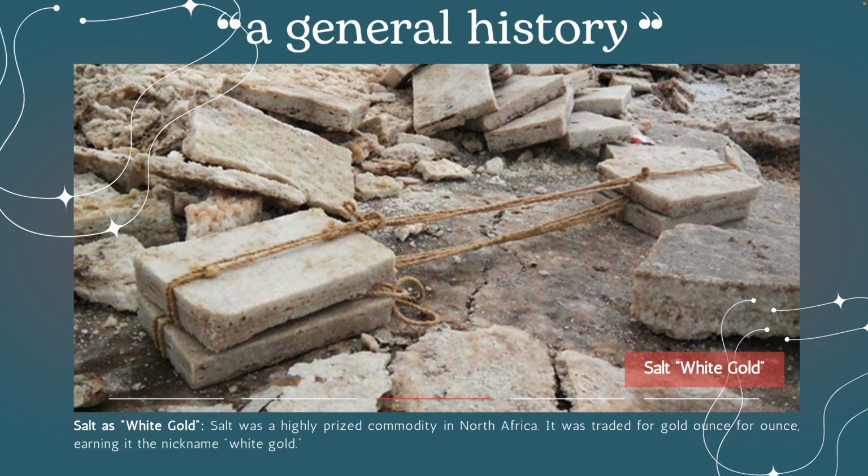I wouldn't say it was only Africa, but Africa predominantly had a lot of the salt mines, so they had most of the salt. So it was a highly priced commodity in North Africa. It was traded for gold, ounce for ounce. So whatever you were selling gold for, you would also sell salt for.